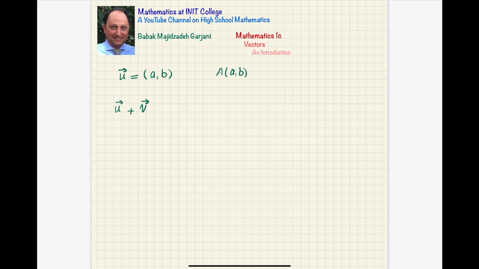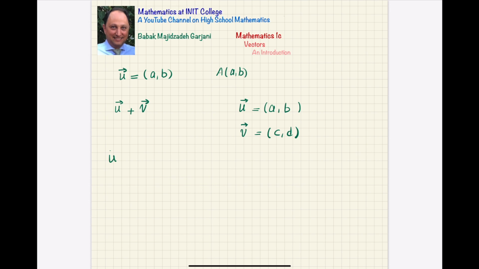You can use the triangle method or whatever. Now, in this new system, a vector is not an arrow, it is an ordered pair of numbers. So let me call them a and b. If I have another vector v in this new setup, that is also an ordered pair. Call it c and d.